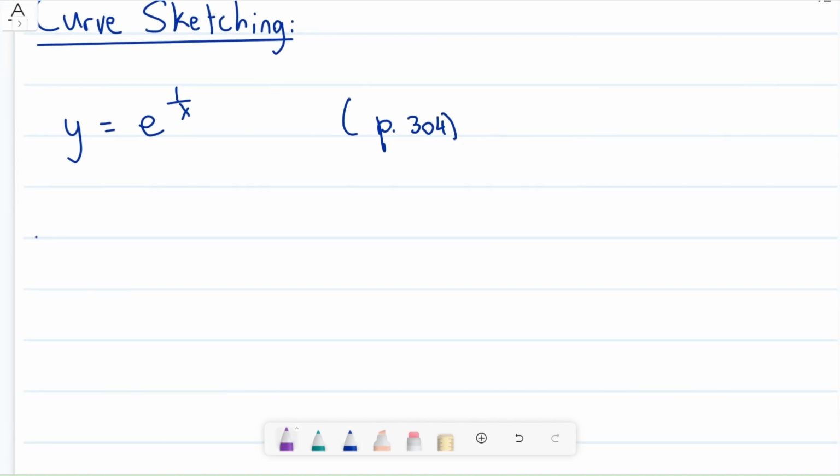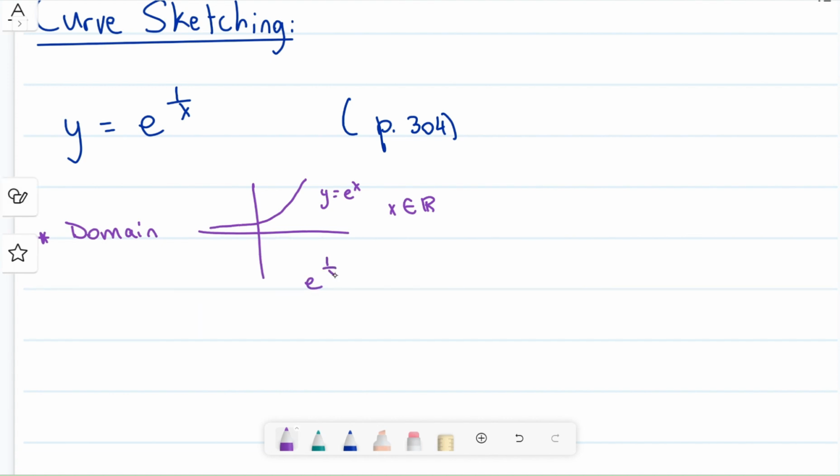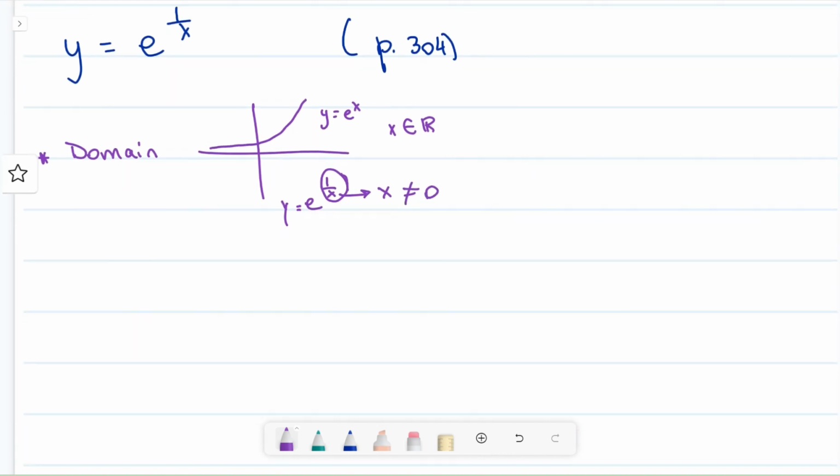So one thing we might want to start with is finding the domain. Note that if we have e to the power of x, the domain is all reals. However, if we have e to the power of 1 over x, in the exponent we have 1 over x, so x is in the denominator, so x cannot be 0.